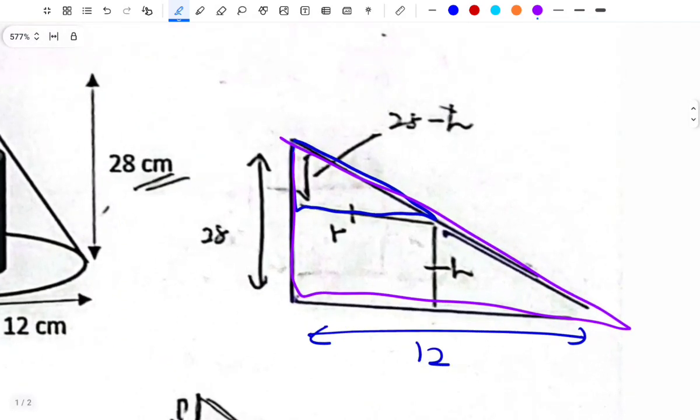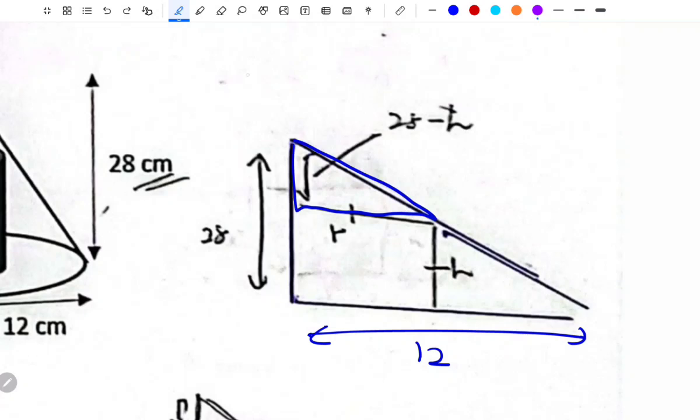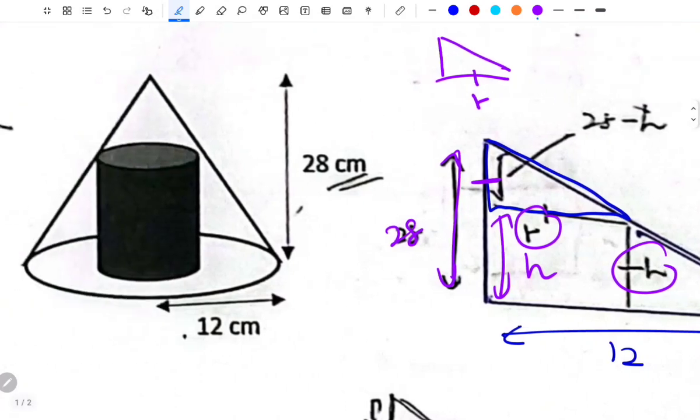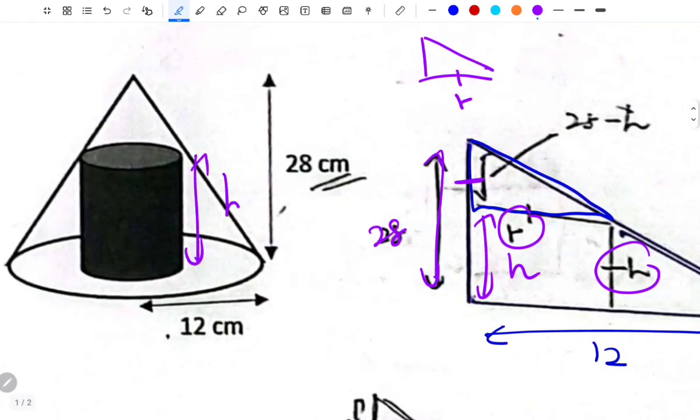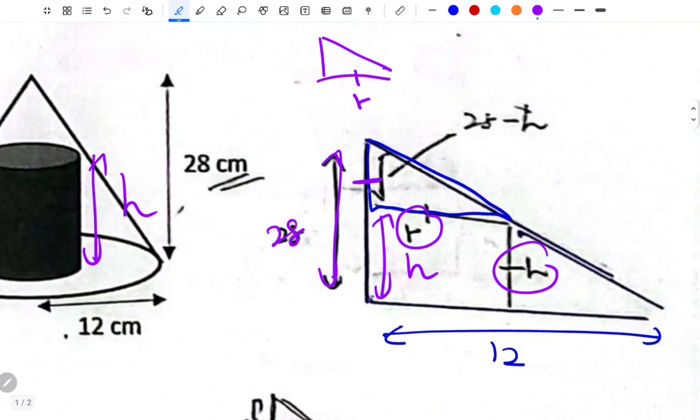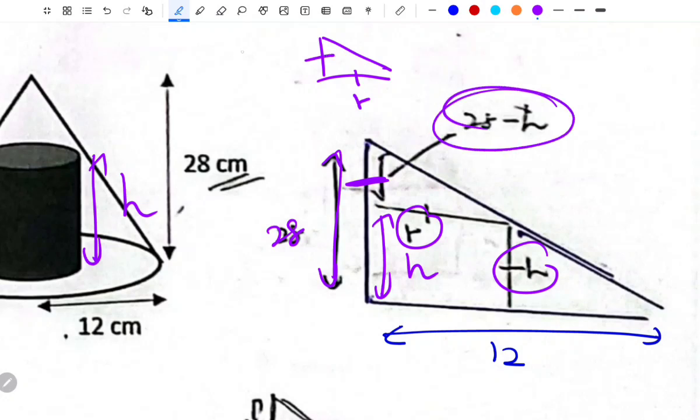For this small circle, we find the r here. And what is this? This one is 28. And this one is h. Look, as I make it h. So what is going to be here? It's going to be 28 minus h. So this one is 28 minus h.